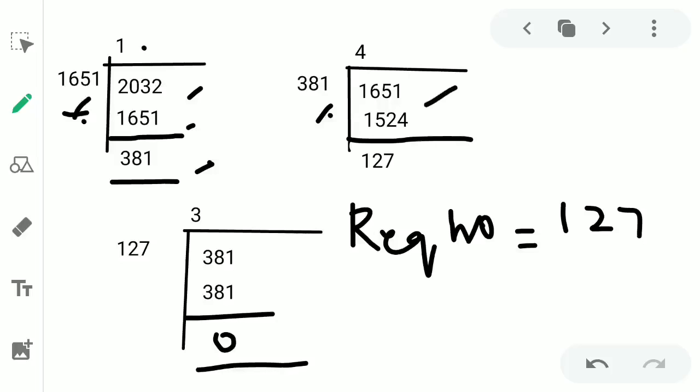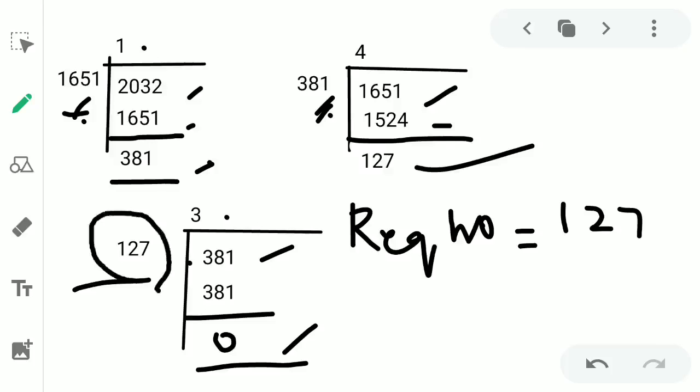So 381 into 4, I'll get 1524. Remainder is 127. So I am taking 127 here and 381 here. So you will get the remainder as 0. The divisor in the last step where you get 0 is the answer.